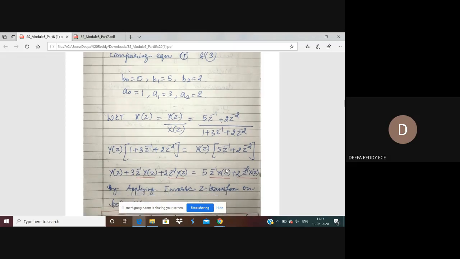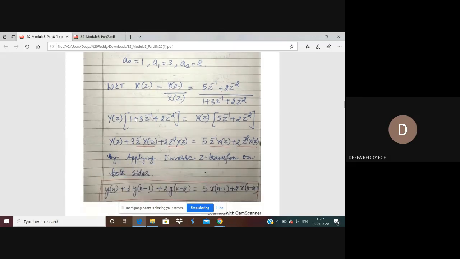On expanding or opening up the brackets, we will get Y of z plus 3 z inverse Y of z plus 2 z to the power of minus 2 Y of z, and 5 z inverse X of z plus 2 z to the power of minus 2 X of z.